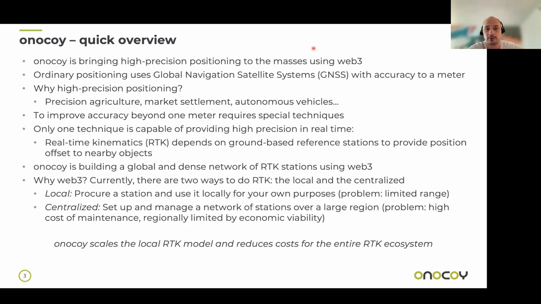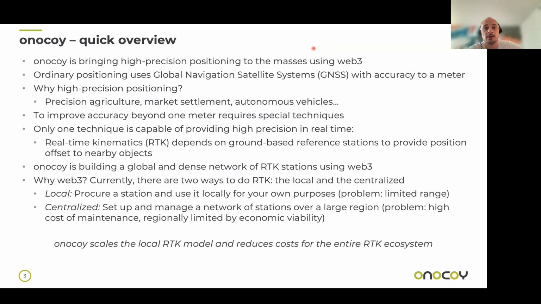I've already alluded to why we're using Web3, but the way I like to explain it, and why tokenomics is important, is that if you're thinking about getting better positioning for yourself, there are really two ways to set it up: the local way and the centralized way.